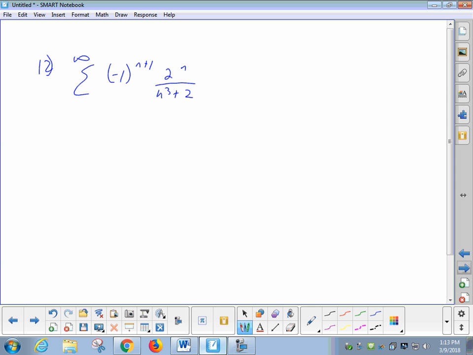What do you think? Well, it's alternating. That's true. Okay, so don't forget your first steps. The first thing you check: alternating, diverging, positive, negative, absolute, all that. The first thing is always, do the terms go to 0? They do not.